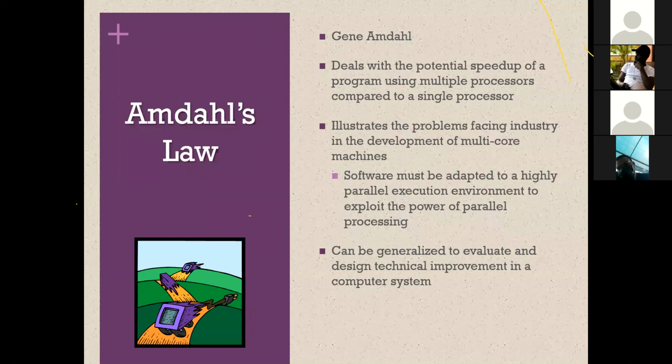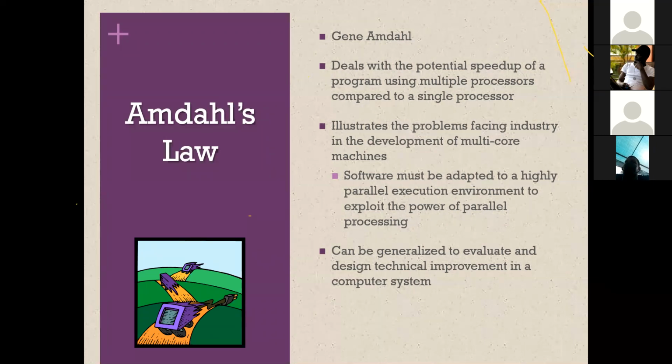Examples include the use of parallel processors, the use of memory cache hierarchy, and speeding up of the memory access time and the I/O transfer rate due to technology improvements.